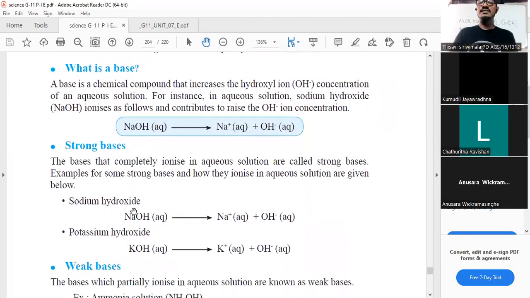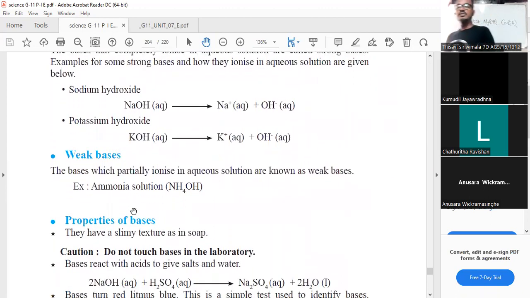NaOH arrow Na plus plus OH minus, KOH arrow K plus plus OH minus.